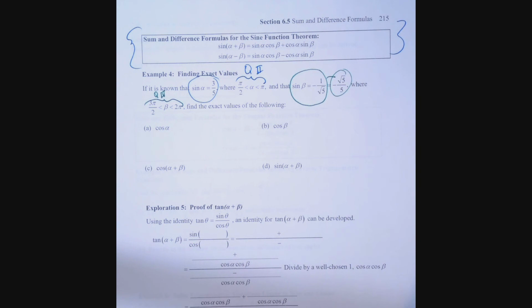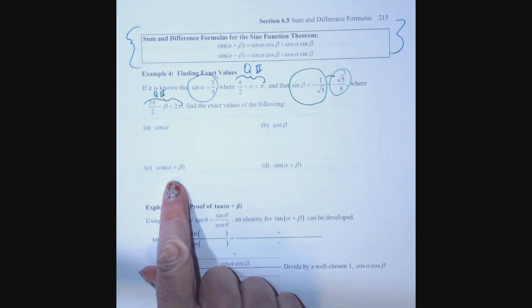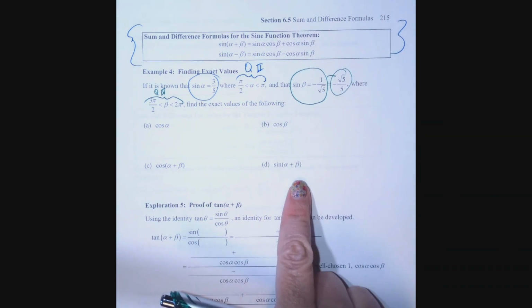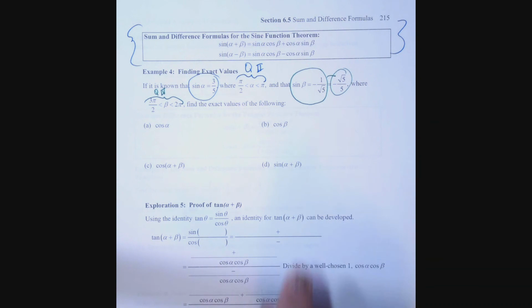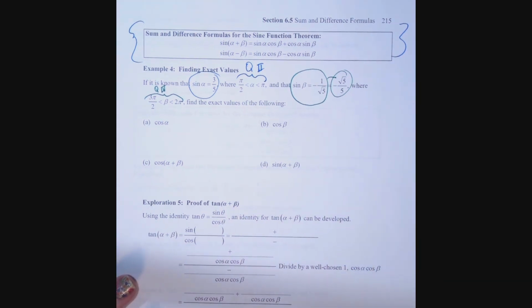So alpha is in quadrant 2, beta is in quadrant 4. Find the exact values of cosine alpha, cosine beta, the cosine sum, and the sine sum. So we've got to find some missing values first for each of the individual angles, and then we'll use our cosine and sine sum identities.